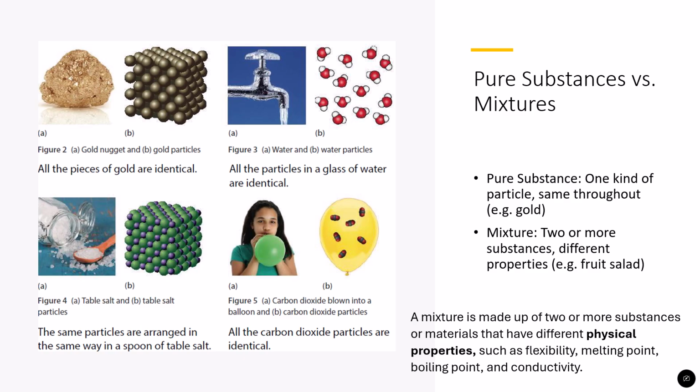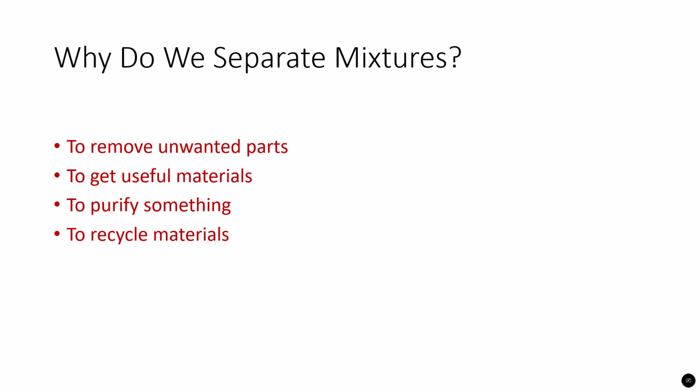Okay, so mixtures are basically two or more substances that have different physical properties. Now, these physical properties can be flexibility, melting point, boiling point, or conductivity. That means electrical or heat conductivity.